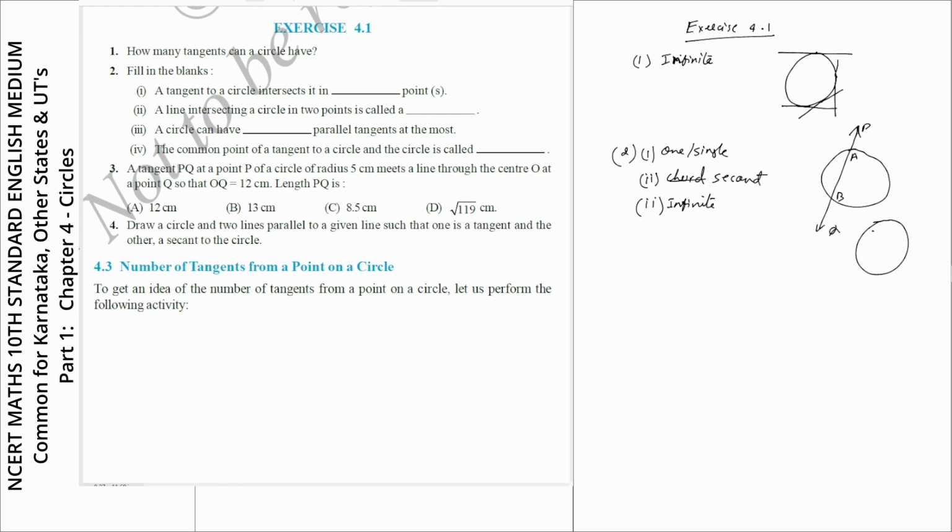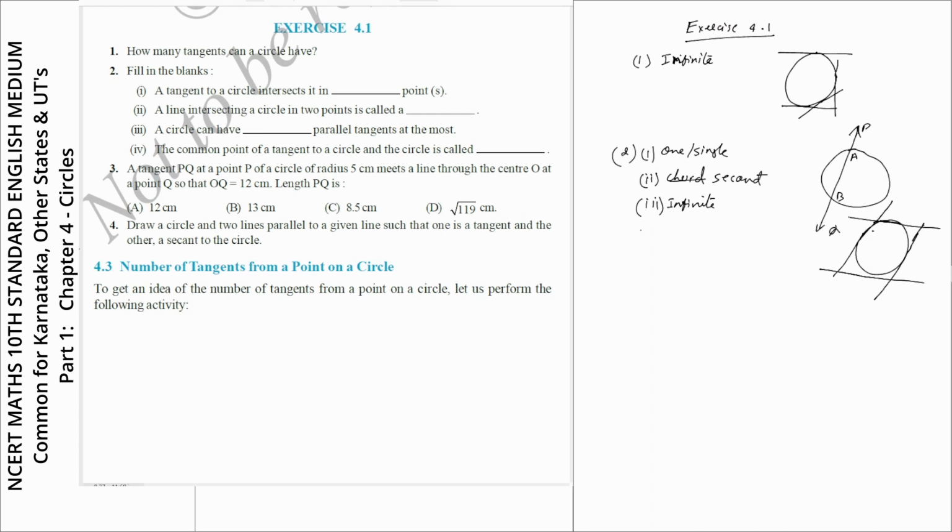Now you can draw 2 parallel tangents like this. I'll draw one tangent like this, and I'll draw another tangent which is parallel to the first tangent like this. This is one pair. Similarly, I can draw another pair of tangent lines like this, which are parallel to one another. So like this, there can be an infinite number of pairs of tangent lines on a circle.